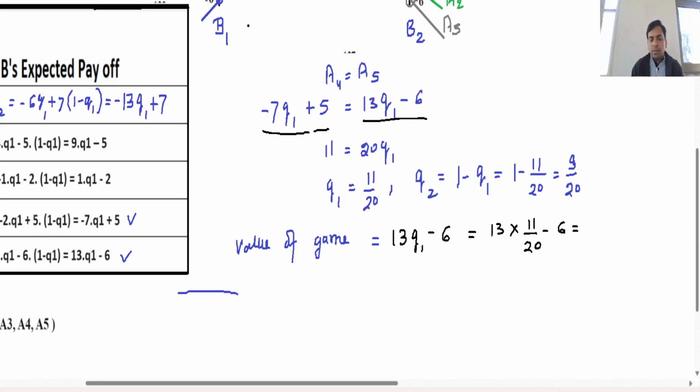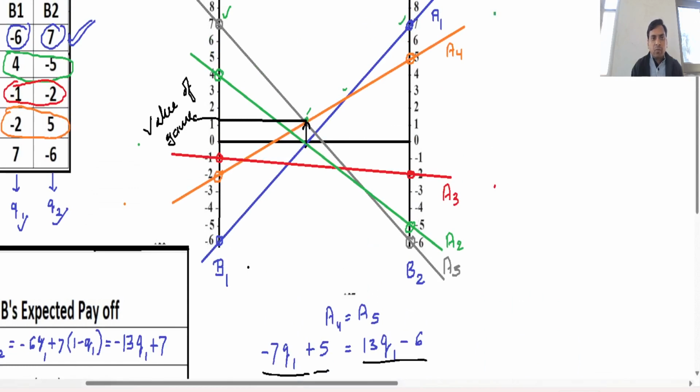So 13 into 11 is 143, minus 20 into 6 is 120, upon 20. So the value of this game is 23 upon 20, which equals 1.15. From the graph also, it is approximately 1 point something, so this may be 1.15.